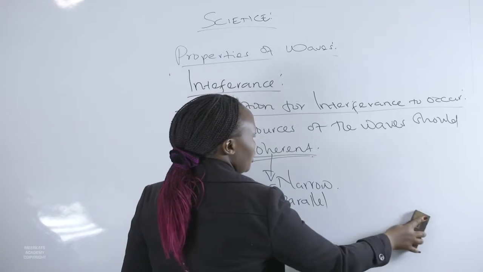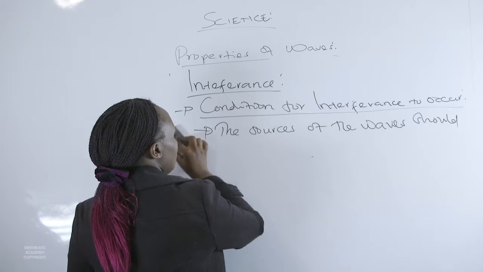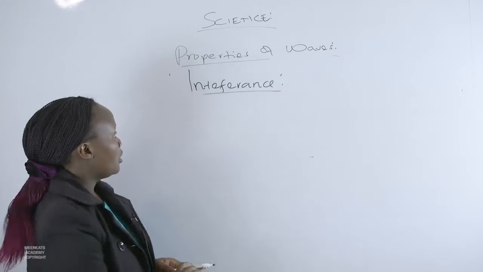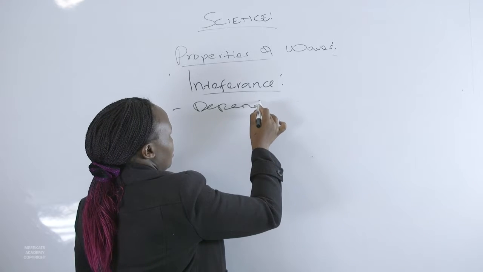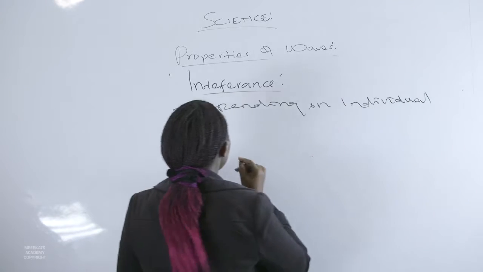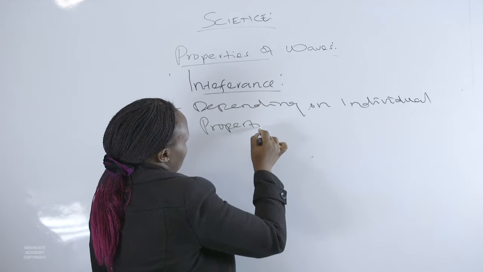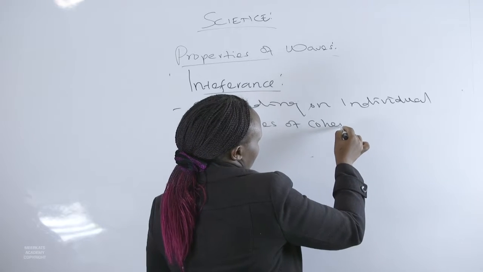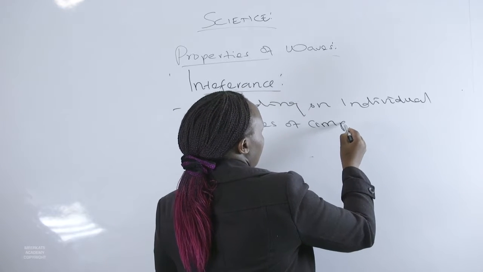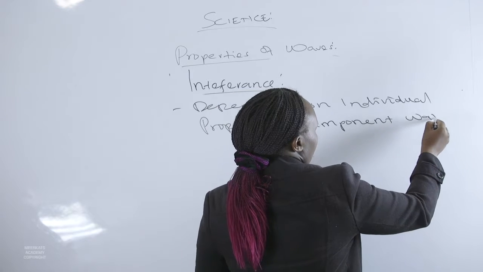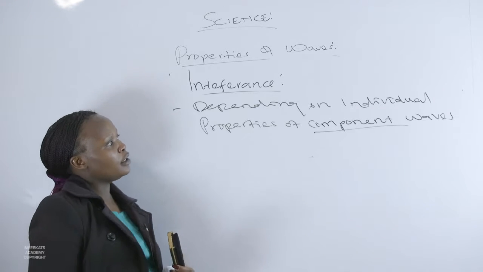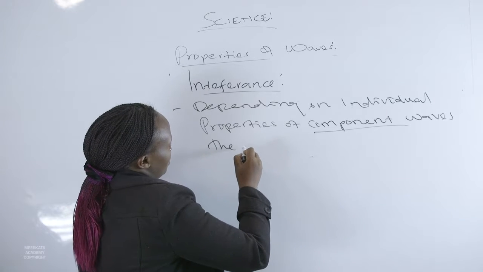Now, depending on the individual properties of component waves, and by component waves we mean the two waves that are coming together to interfere, we could have the following results.